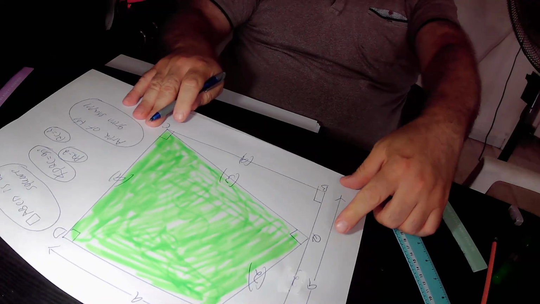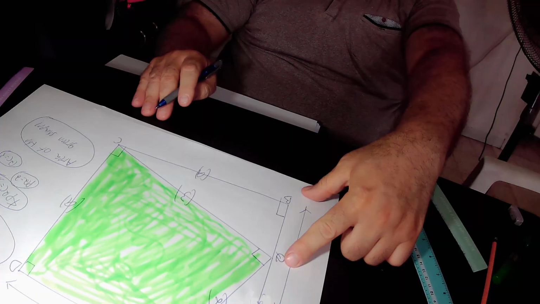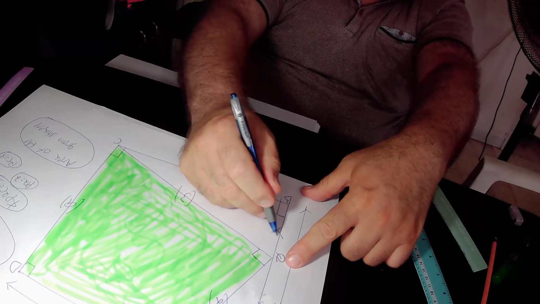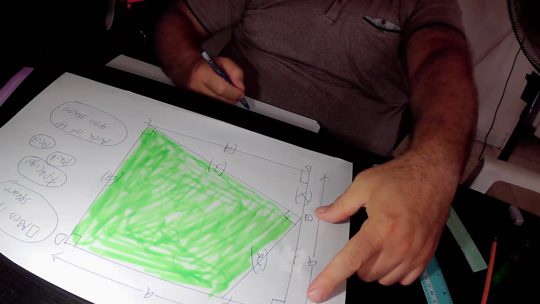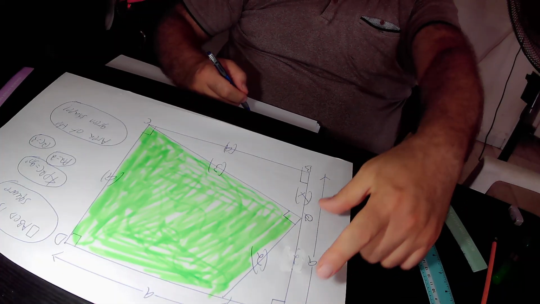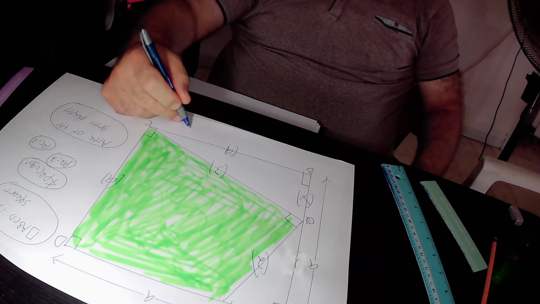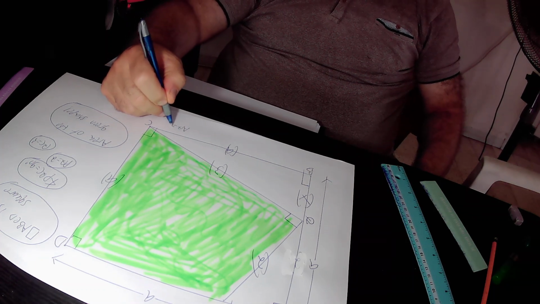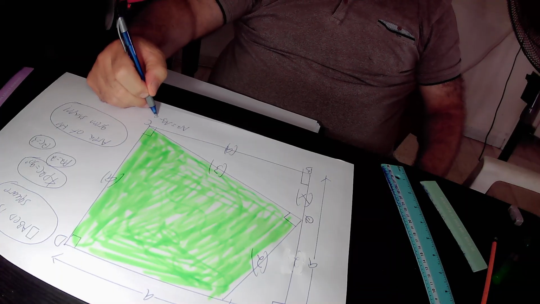We define this line segment QB as X. So what is the length of AQ? AQ equals AB minus QB. So write it down. AQ equals AB minus QB.